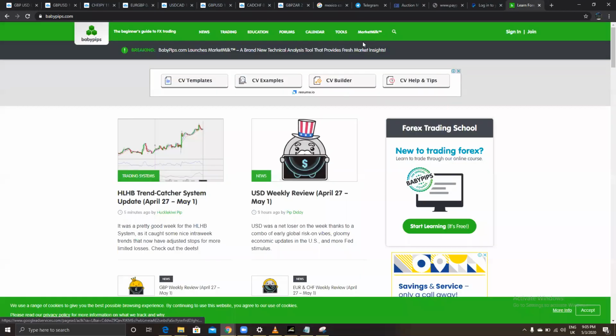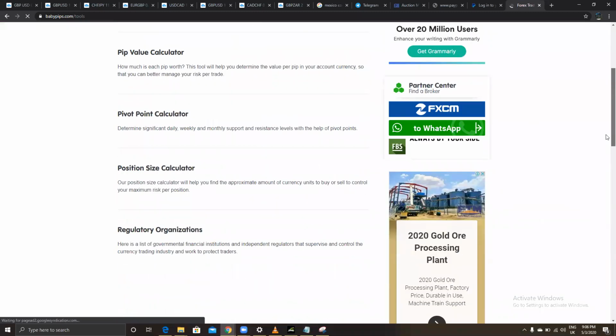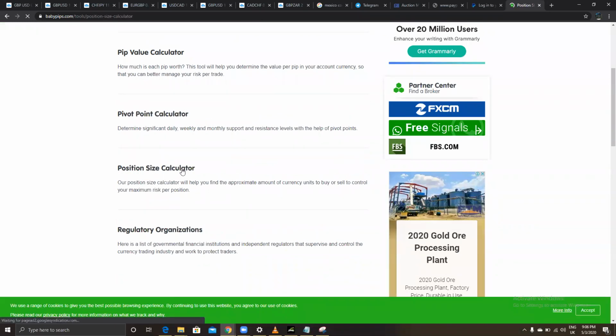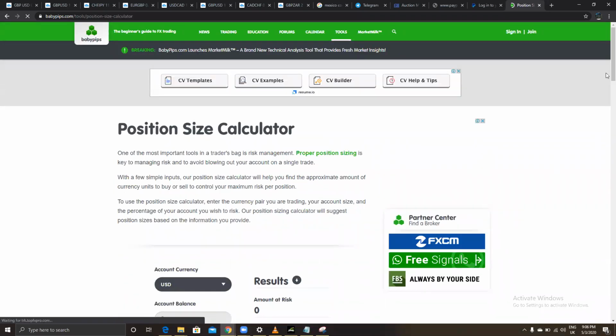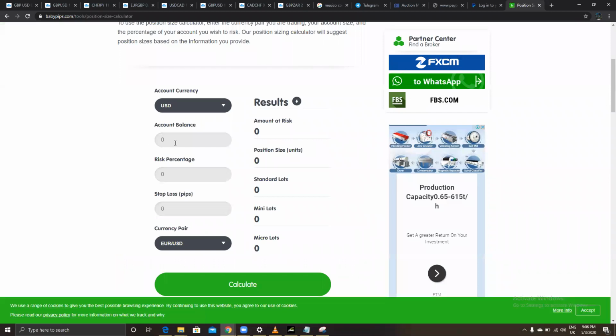So babypips.com, then I'll go to tools, go to position size calculator, then say for example the trading account is $2,000.